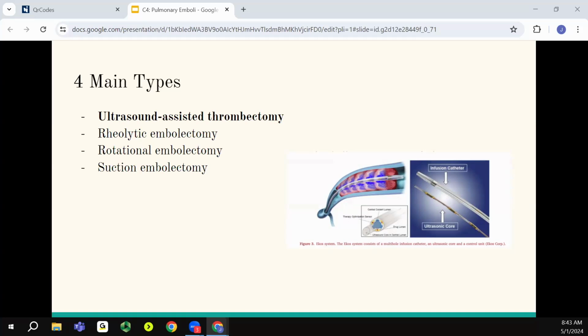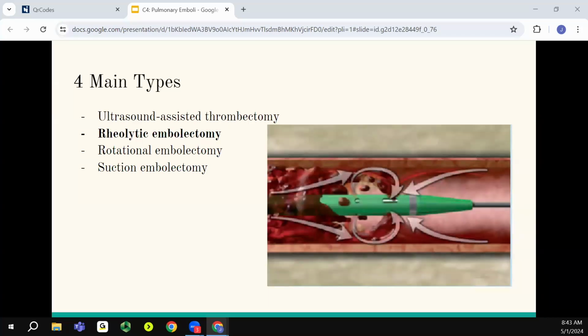There's no benefit of doing this if the patient can't get thrombolytics. It absolutely requires thrombolytics. The second is rheolytic embolectomy. This is a technique that uses pressurized saline at the distal port to macerate the clot, and then there's a more proximal port that aspirates the broken up pieces. The catheters are really pretty big. They require a venous cut down, and they have a ton of adverse effects, we think from some of the split products of breaking down these clots.